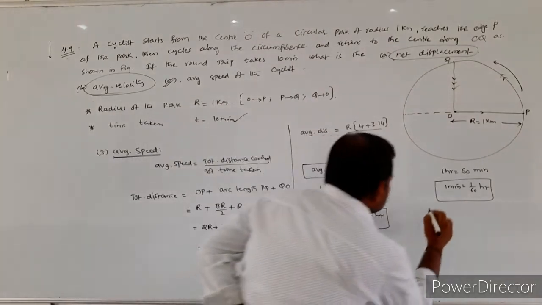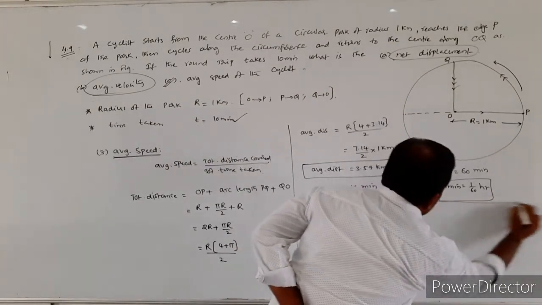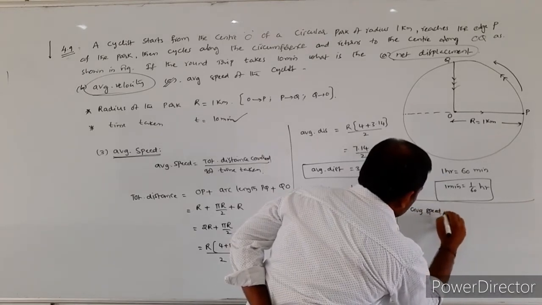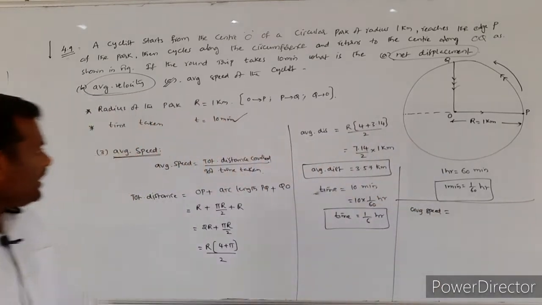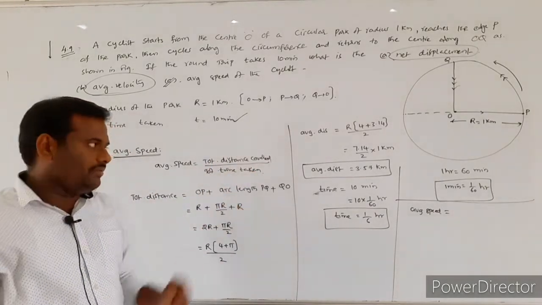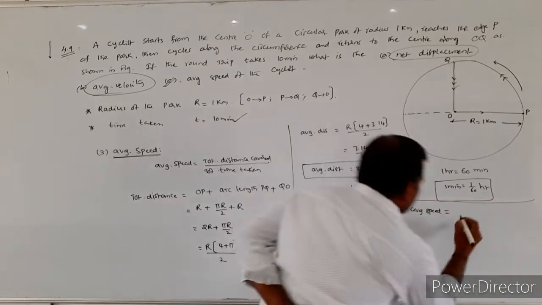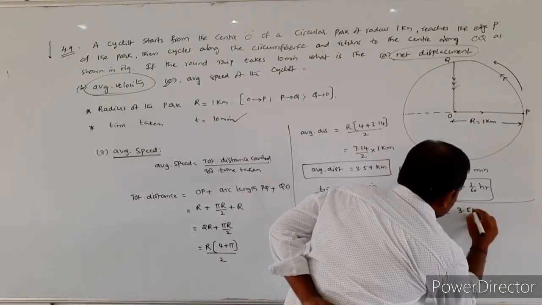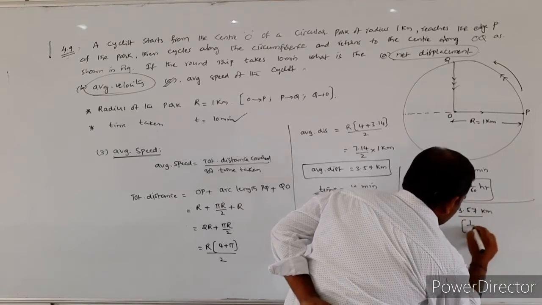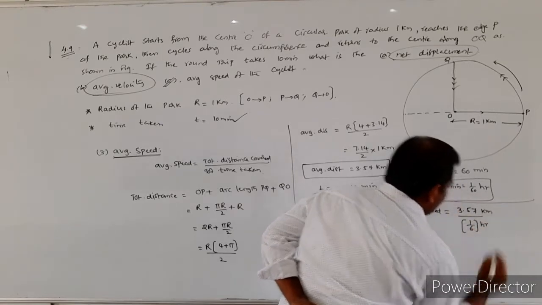So the average speed is equal to, as you already wrote the formula here, total distance by total time taken. So the total distance value is 3.57 kilometers by 1 by 6 hour.